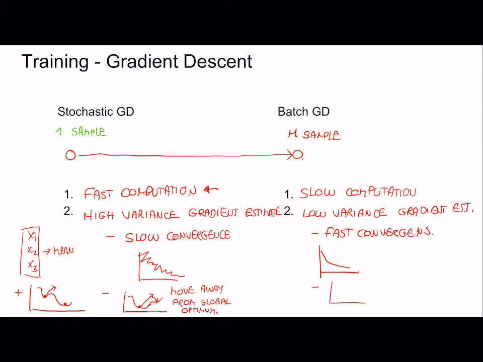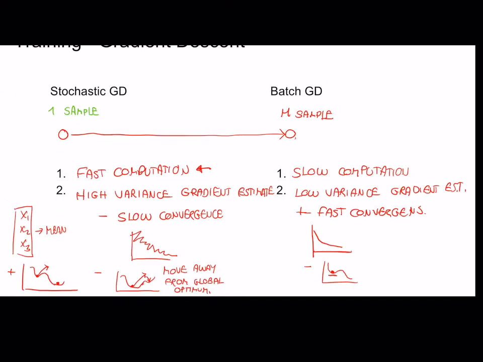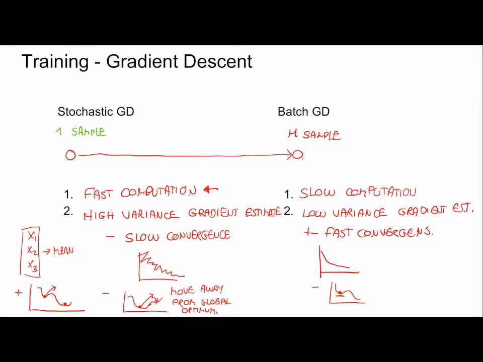We might get stuck here because now you don't have that property of stochasticity in your steps, which is not good, right? So fast convergence was good, but getting stuck in a local optimum might be bad. And then slow computation, that's bad.